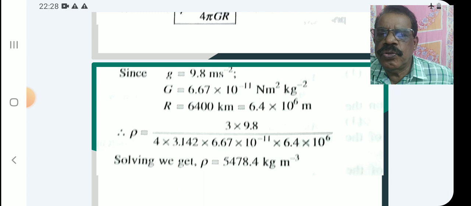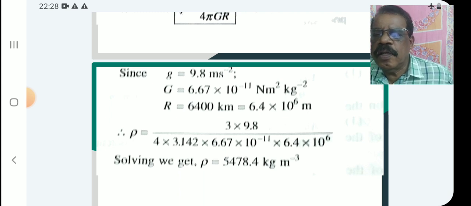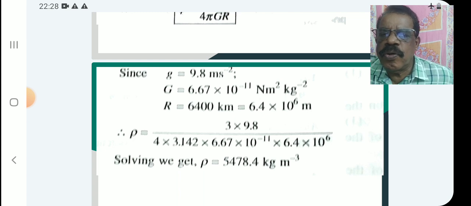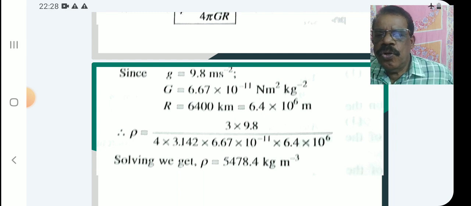Rho is equal to 3 into 9.8 by 4 into 3.14 is sufficient, into 6.67 into 10 raised to minus 11 into 6.4 into 10 raised to 6. Solving, we get rho is 5478.4 kilogram meter raised to minus 3, which is about 5500 kilogram meter raised to minus 3.